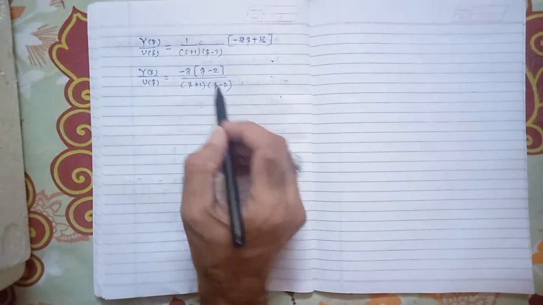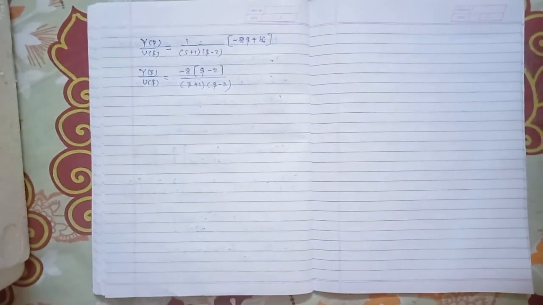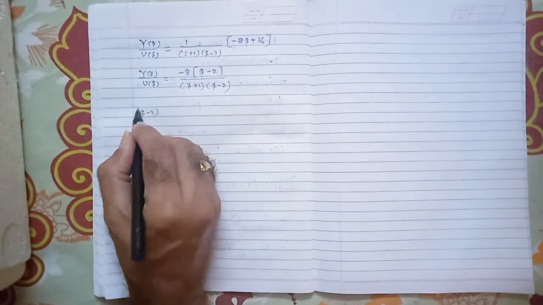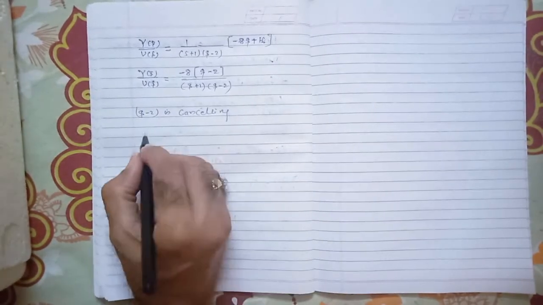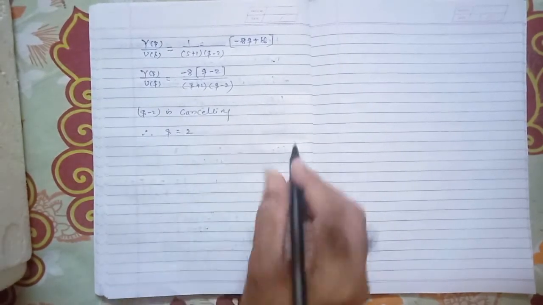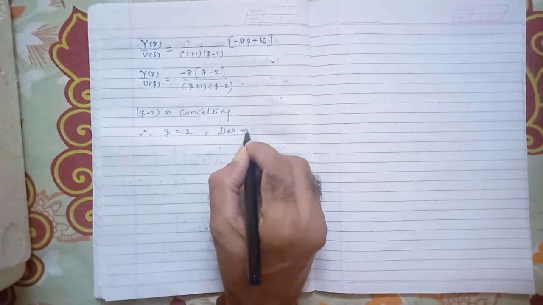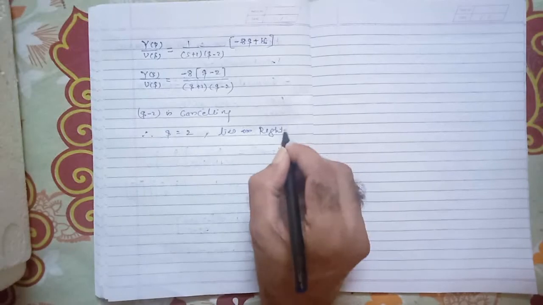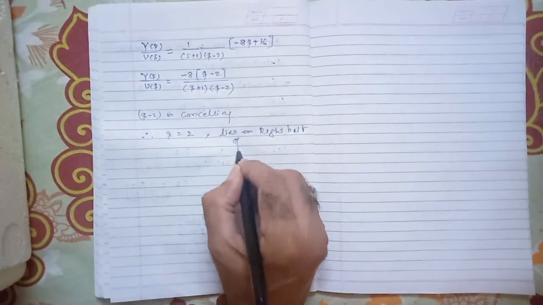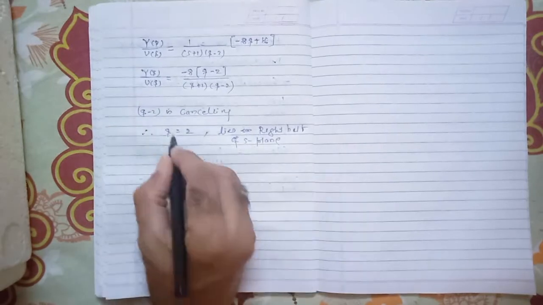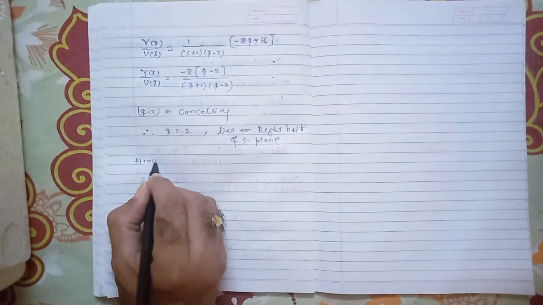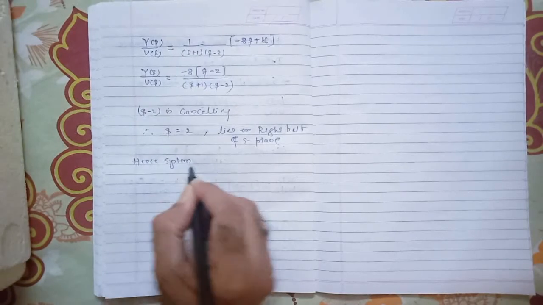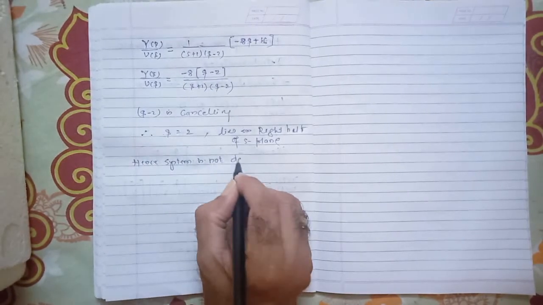So here the (s - 2) element is cancelling. So s equals 2 lies in the right half of the s plane. s equals 2, that is positive, so that means it is in the right half of the s plane. Hence the system is not detectable.